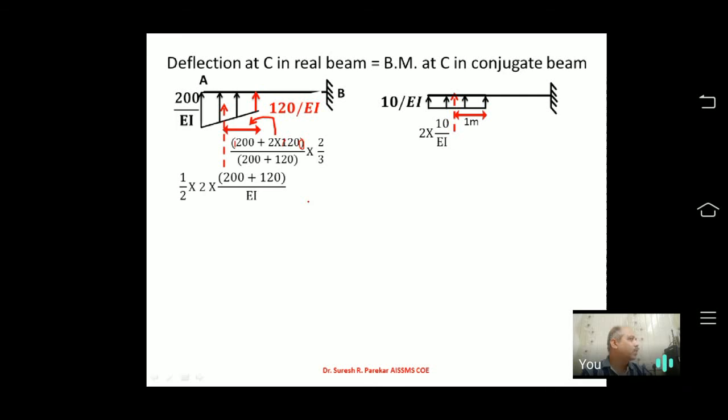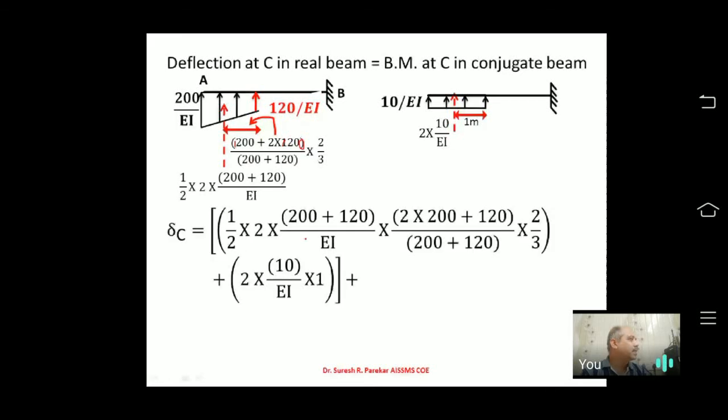And then we are going to get this value of delta C, and second we have this part, 2 upon 10 EI into 1 meter, and that will give us delta C. But now this again we are going to get clockwise, so that is in downward direction. So we have clockwise, so plus, and if we got a clockwise value, then my deflection is in the downward direction.